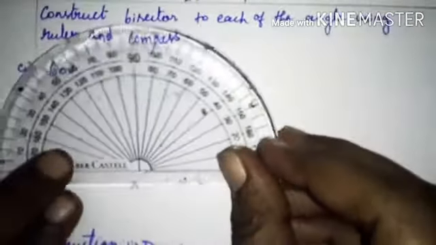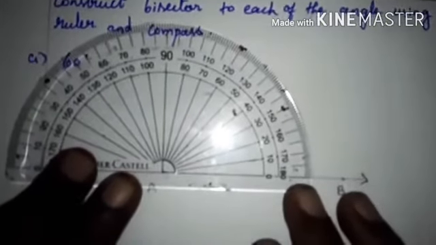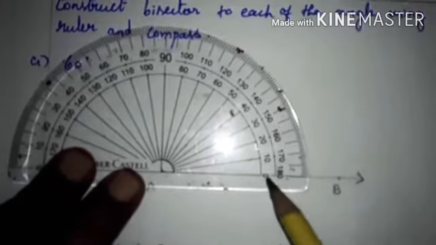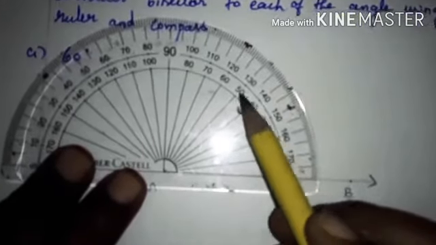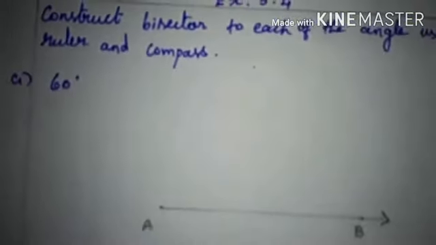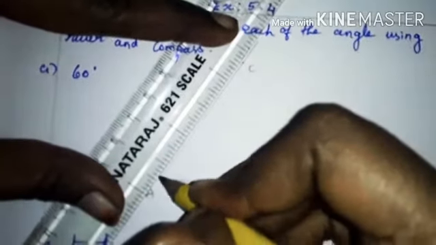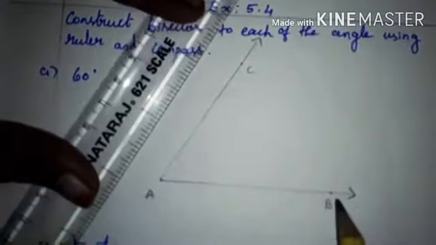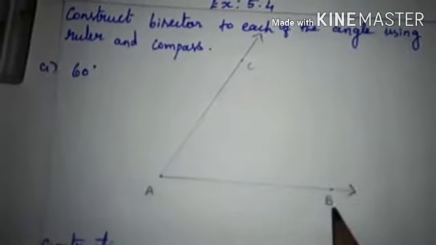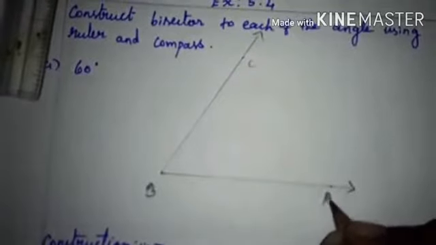Keep the protractor at B and measure an angle of 60 degrees: 0, 10, 20, 30, 40, 50 and 60 degrees. Mark the point, join it as C and join BC. Now the whole angle ABC is 60 degrees.